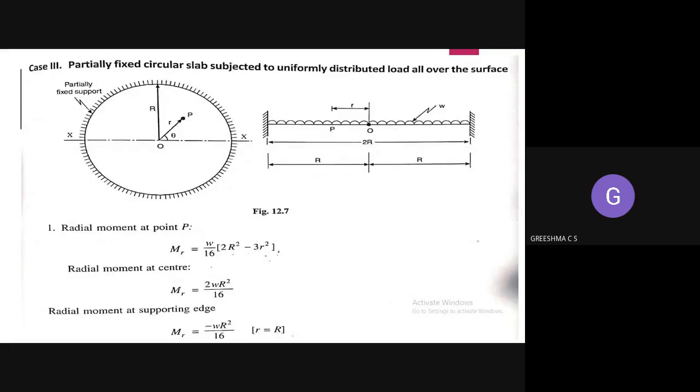Here, in the same way, this is the radial moment. Radial moment is equal to W by 16 (2R square minus 3r square). Again the maximum moment at the center you will get when you substitute r is equal to 0.